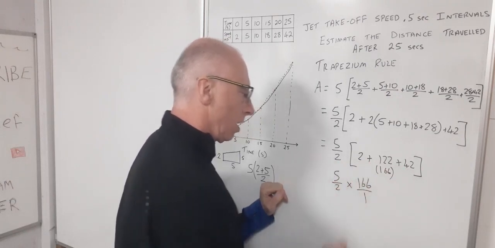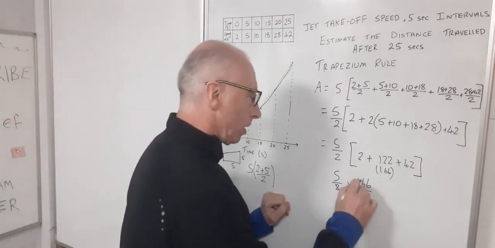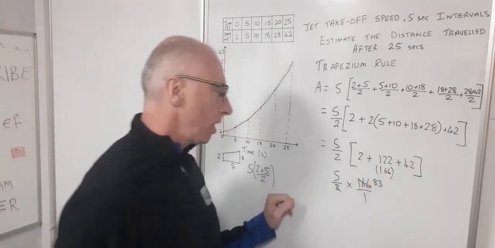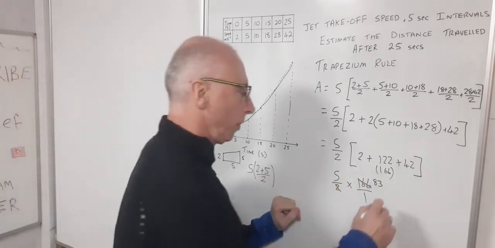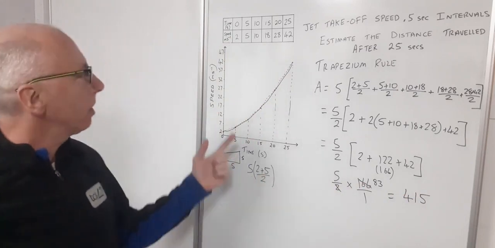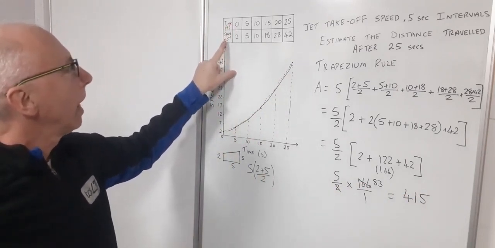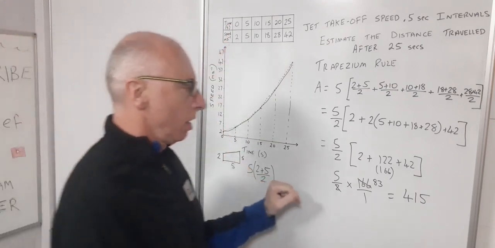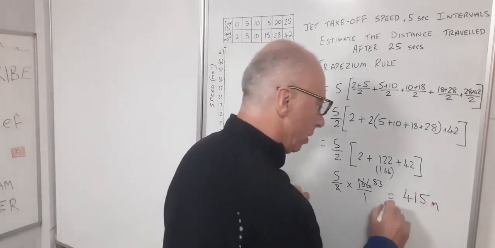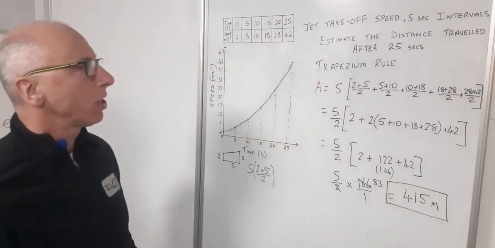Okay, multiply that up. 2 into 166, I can factor that down, 83. 5 times 83 is 415. Now for 415, my units for my distance are going to be in meters because my time is in seconds and my speed is meters per second, so it's 415 meters. So that'll be the answer for my distance travelled as an estimation.